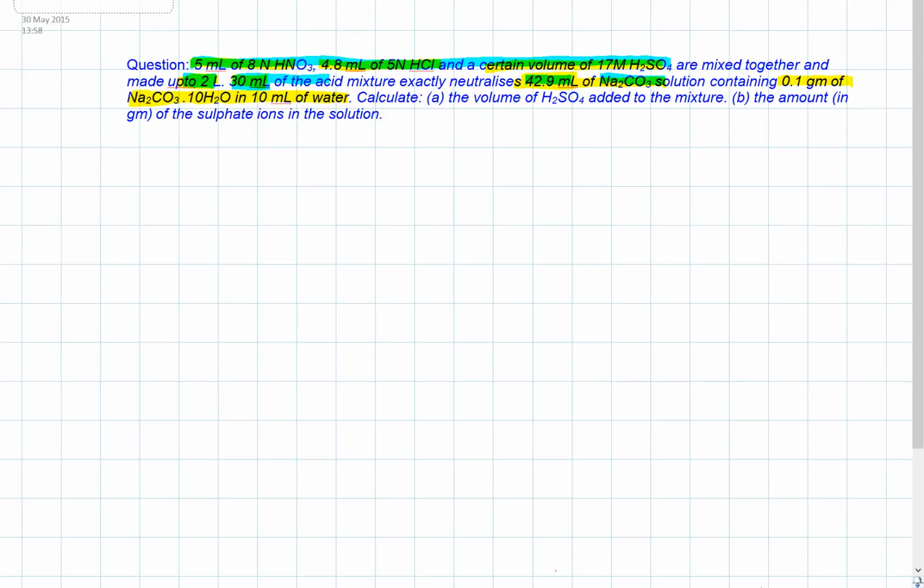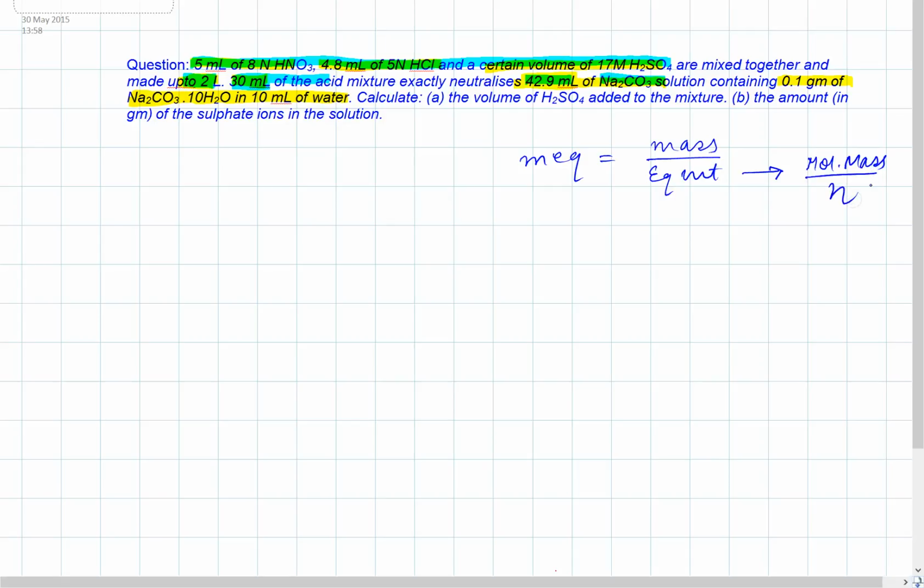Before that, let's revise a few small concepts. I hope you know the concept of milli-equivalents. It is the mass of the substance upon its equivalent weight. And to find the equivalent weight, you just need to take its molecular weight and divide it by its n factor. The second thing that you should know: in general, you depict strength in terms of grams per liter.